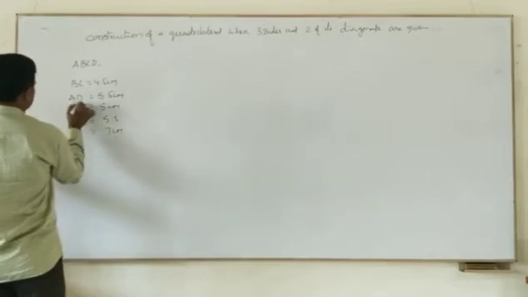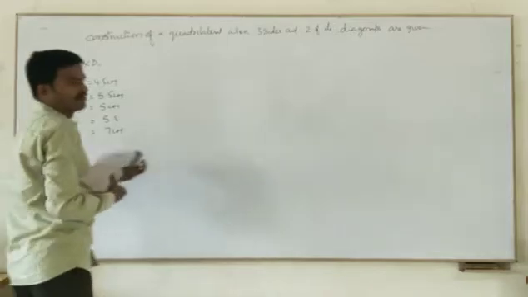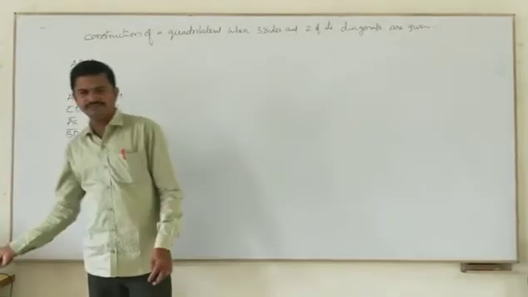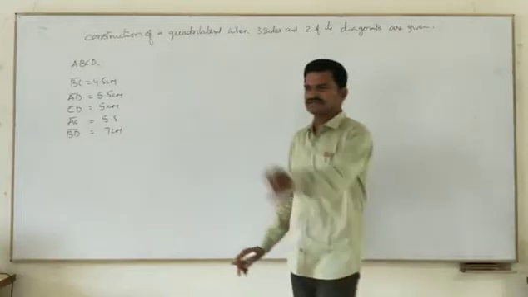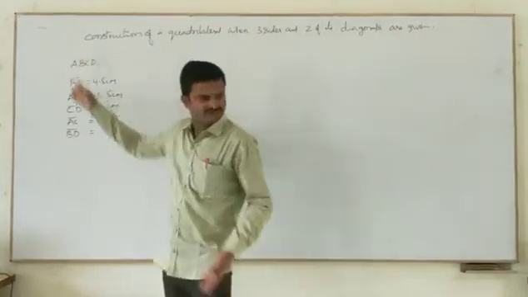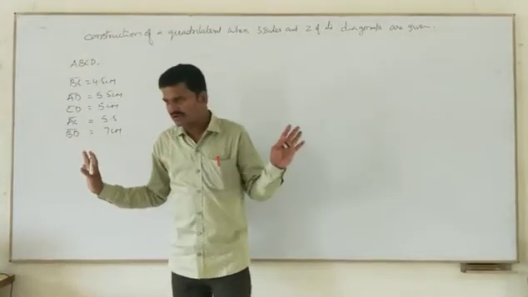The name of the quadrilateral is ABCD. You can write the question later: construct a quadrilateral ABCD with these measures. Are you clear?